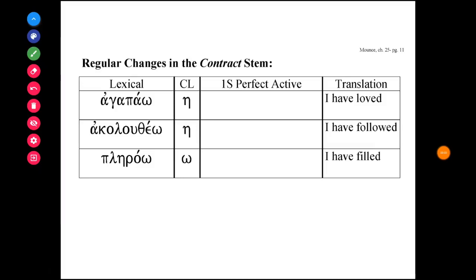In this module, I want to go over some rules to remember, or some advice on how to form the perfect indicative forms given the particular type of the verb.